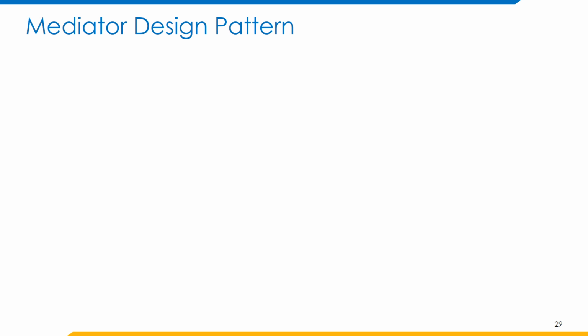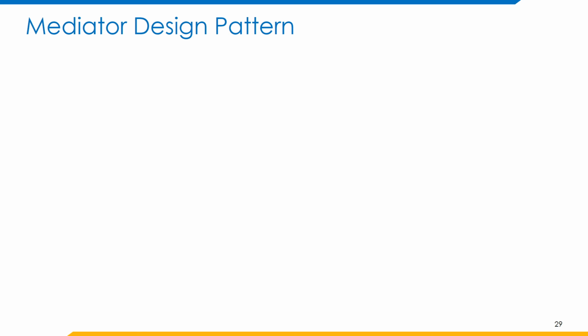Mediator design pattern. In this design pattern, we will discuss how to avoid the complexity of the object communication process. It means in this design pattern, multiple objects want to communicate with each other at the same time. In that case, the object communication becomes complex.